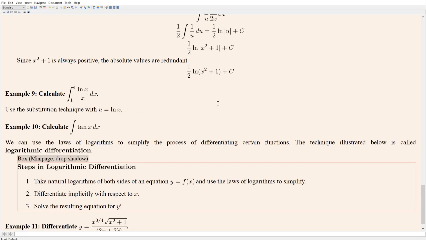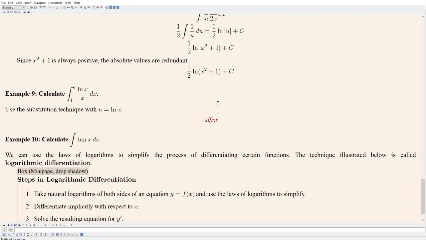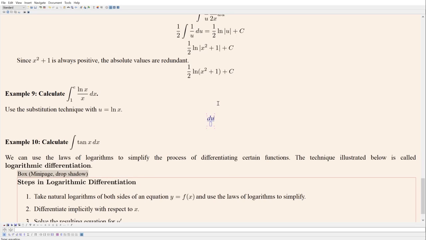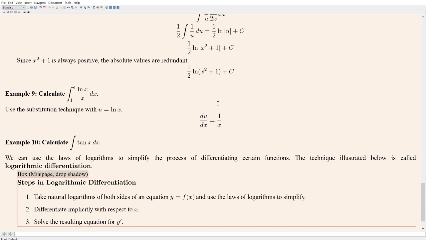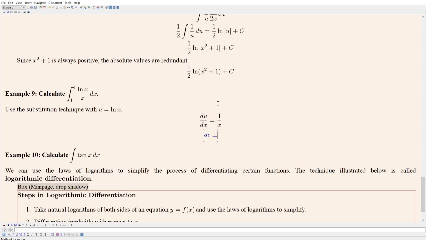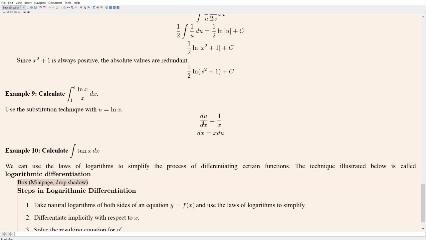Okay, so differentiate that. The derivative of natural log x is 1 over x, by definition. And consequently, dx is equal to x du. So move the dx up here, move the x over here.